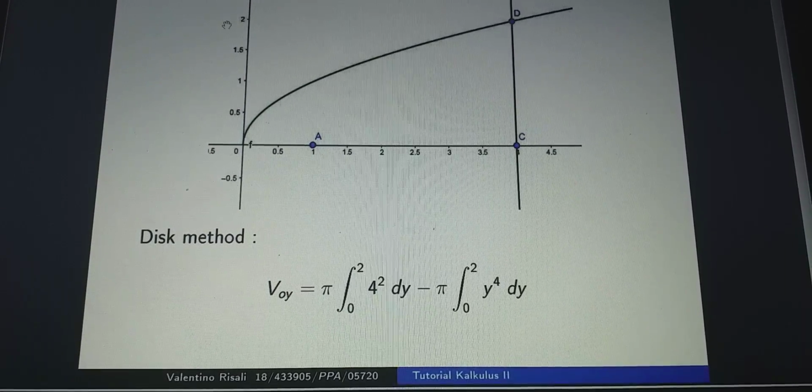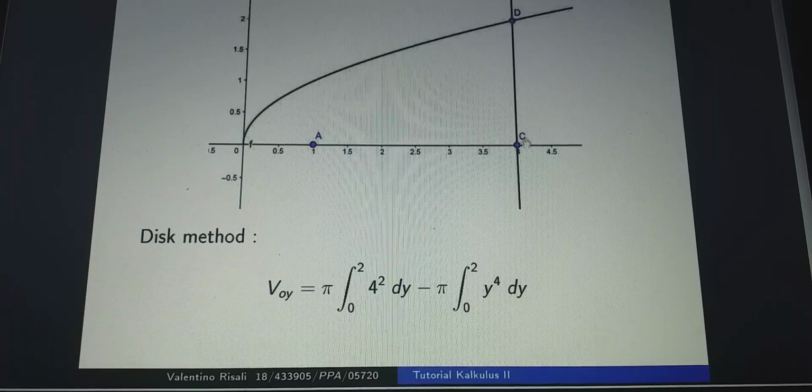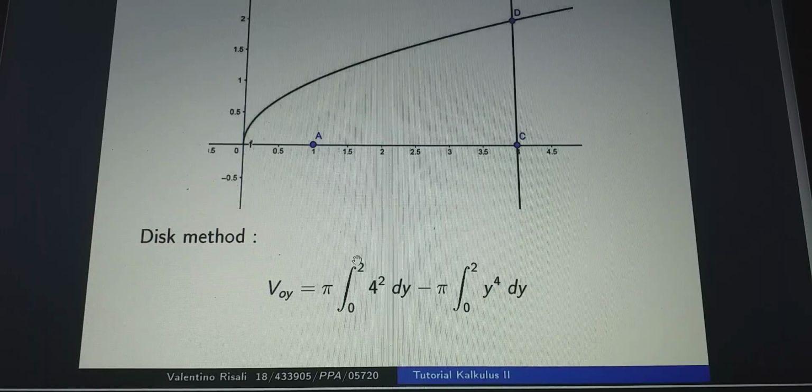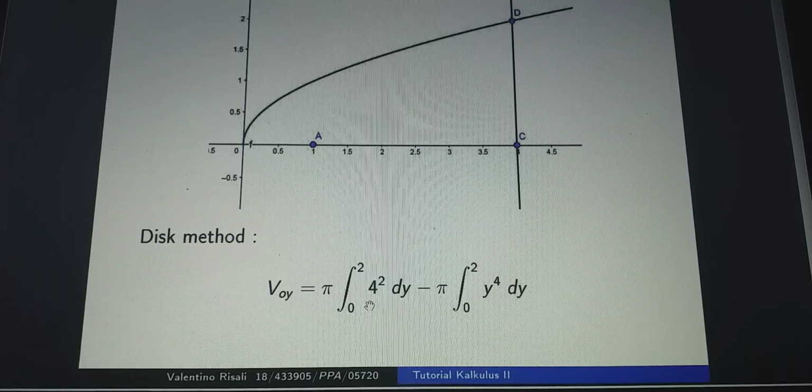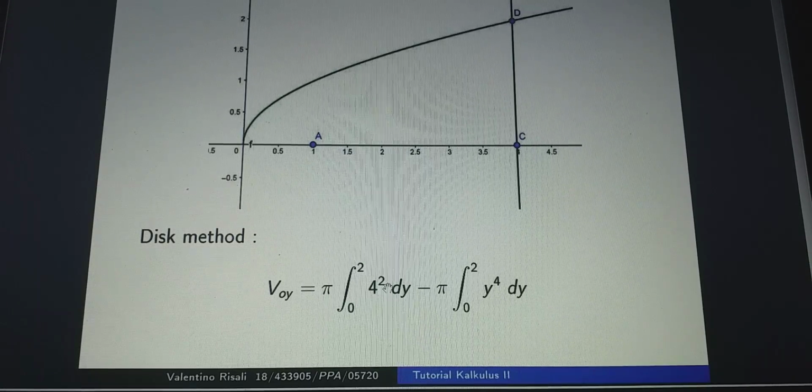For this we have pi times the integral from 0 to 2, and this is x equals 4, so we have 4 squared dy, minus pi times the integral from 0 to 2.